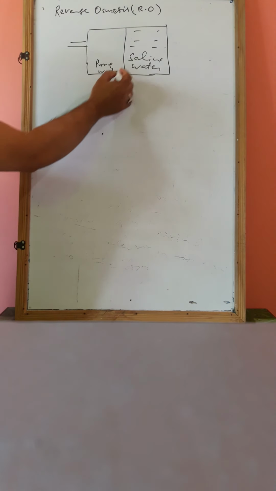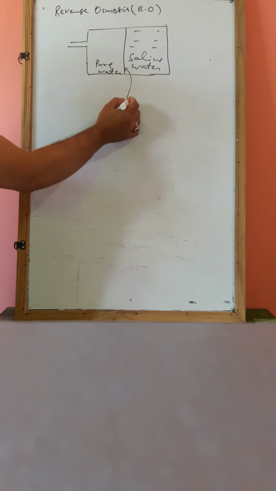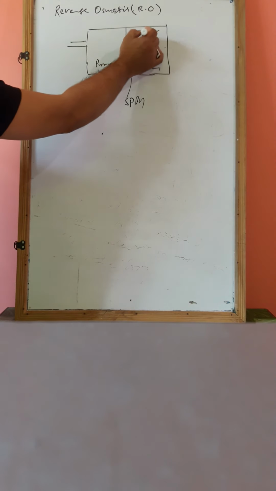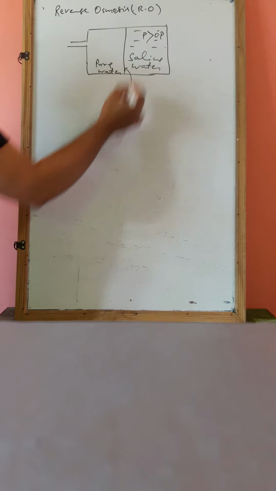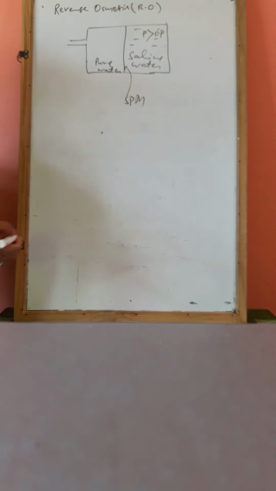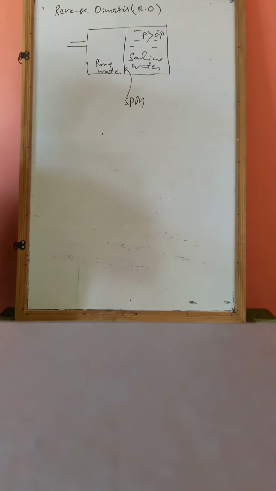Now it is a semi-permeable membrane, SPM. If the pressure is greater than osmotic pressure, then the solvent starts passing from higher to lower. It is called reverse osmosis.